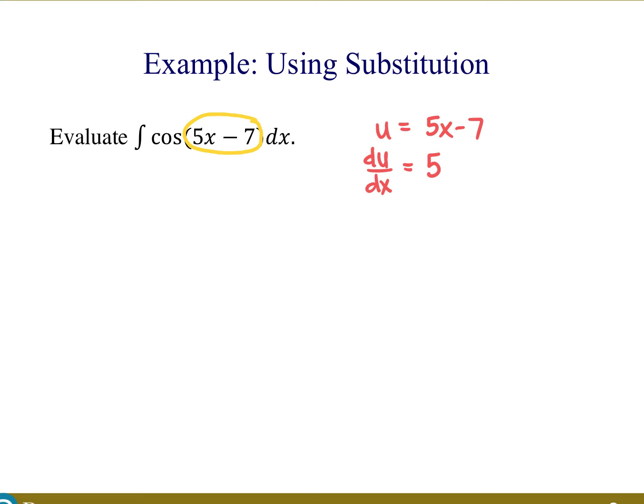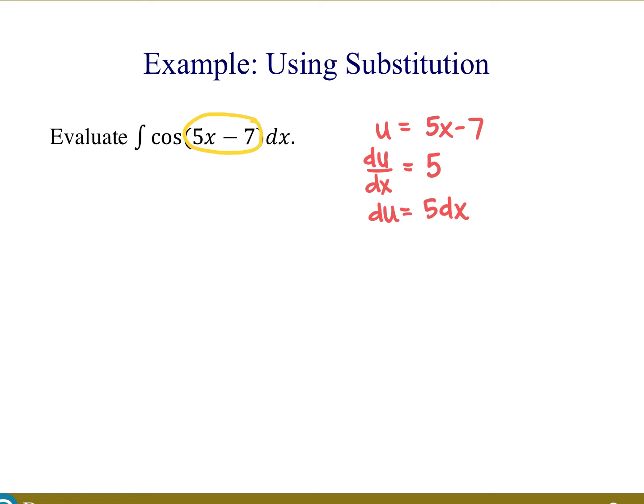Then I isolate the differentials. So du should get separated from dx. So like Matthew suggested, we multiply by dx. So I get du equals 5 dx. Now this is not a one-to-one equality like it was last time. Last time du and dx ended up being completely equal to each other.